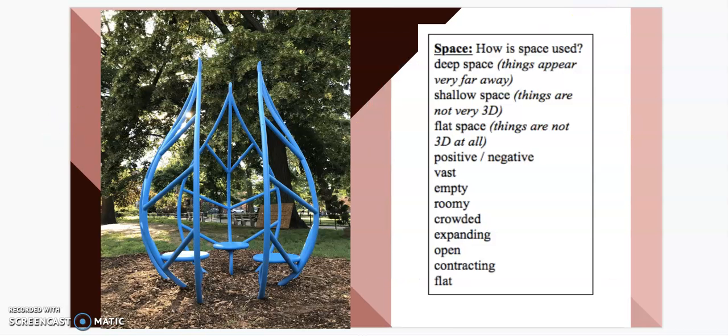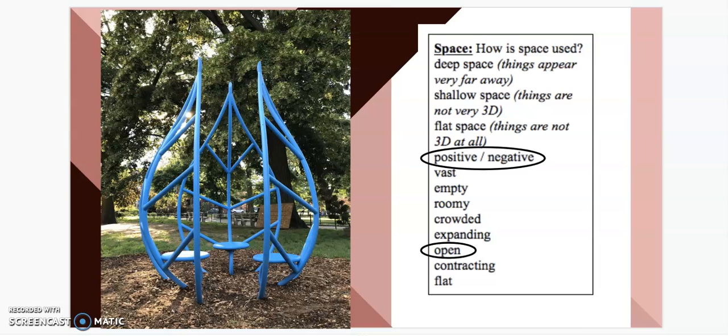If we were to look at this sculpture in terms of how it uses space, we could say that there's definitely positive and negative space as well as open space, because yes, you can talk about positive and negative. The blue parts of the sculpture are positive because they are the actual object, but there is negative space within each section of the sculpture.